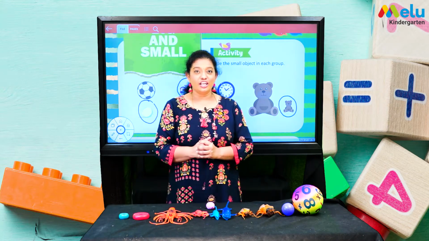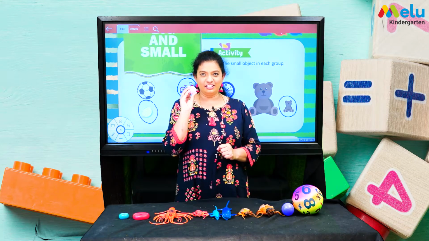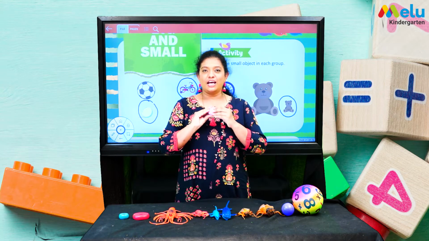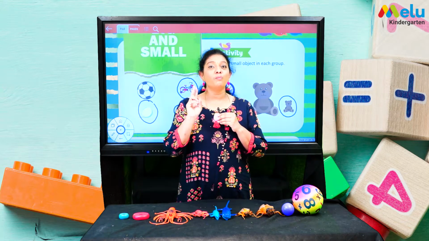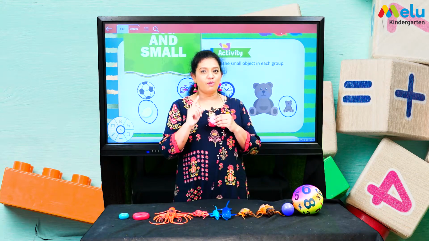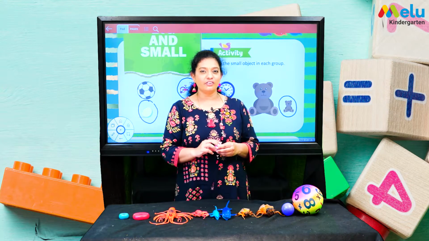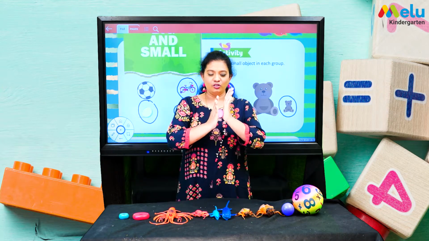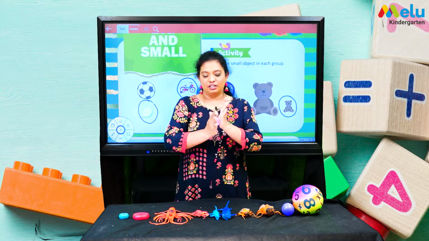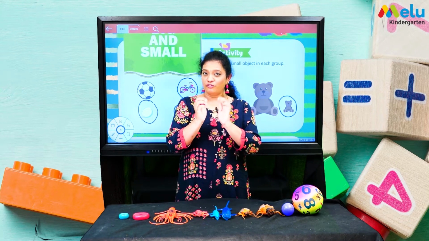Yes, children. Now I am ready with the clay. See here? Right. So what we are going to do with this clay? I am going to make 2 balls. And you should tell me which ball is small and which ball is big. Okay, children? Right. So you also do like this. You have to make a proper ball first by using your fingers.